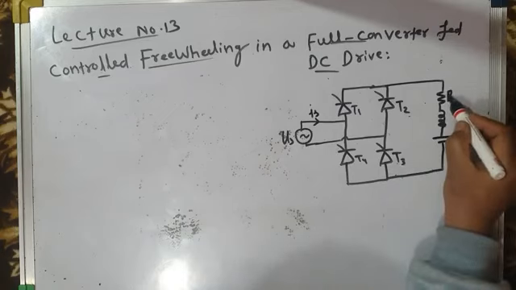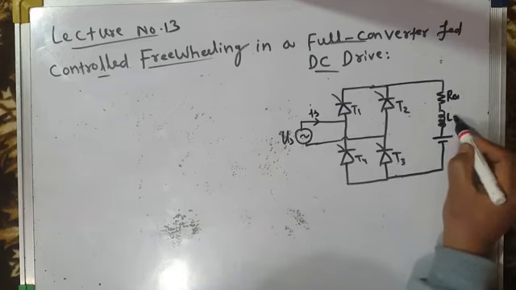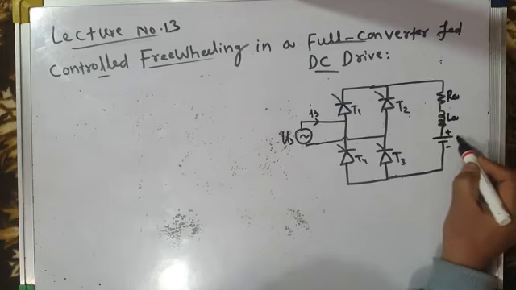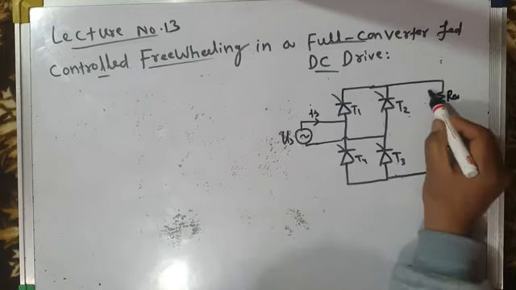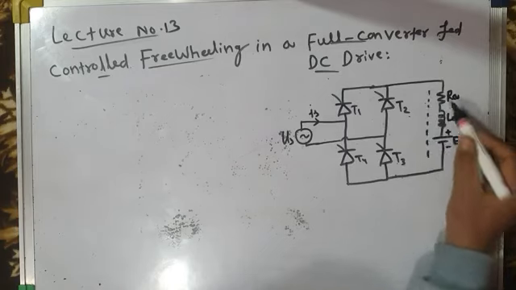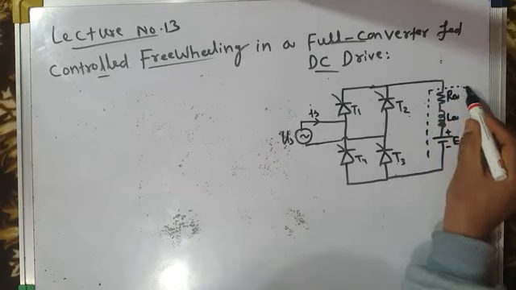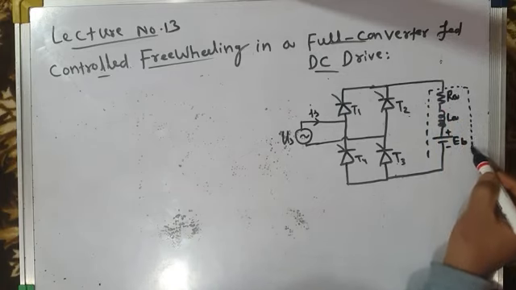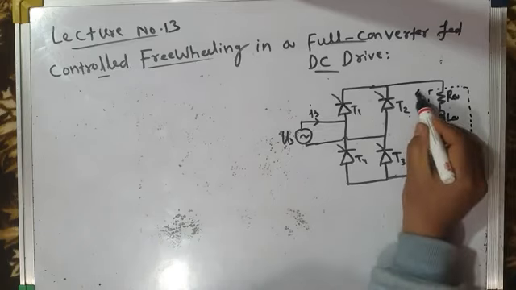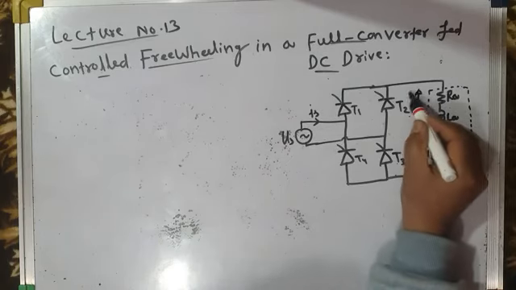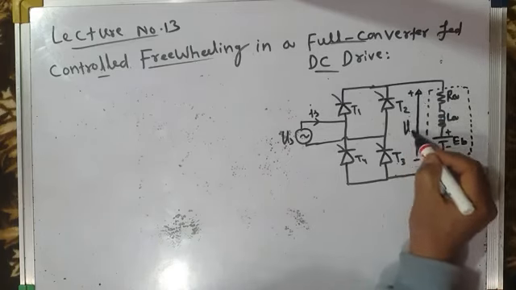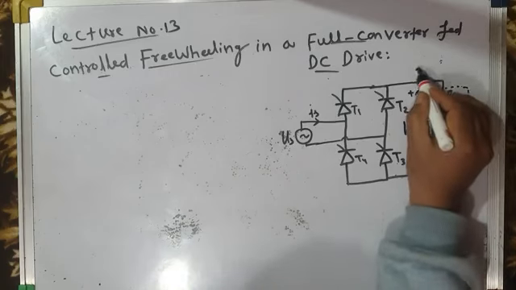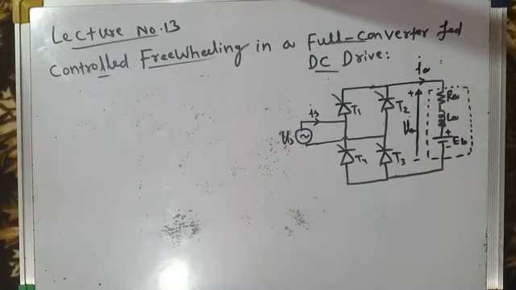This is armature circuit resistance Ra, armature circuit inductance La, and this is the back EMF of the motor Eb. So this is our DC motor model, which in this case is a separately excited DC motor. The motor armature voltage or the load voltage is Va, and load current or armature current is Ia.